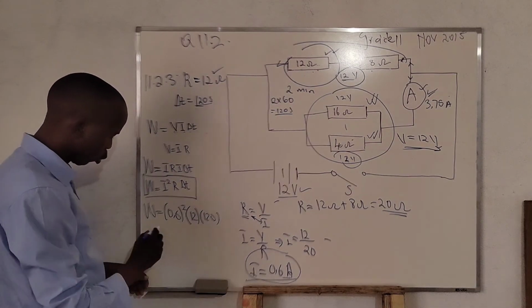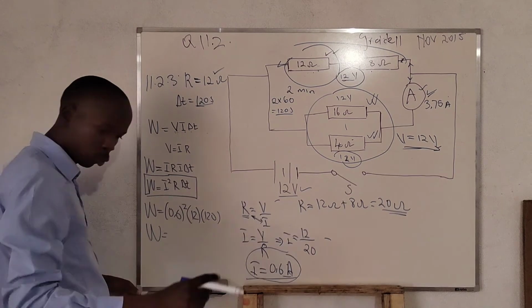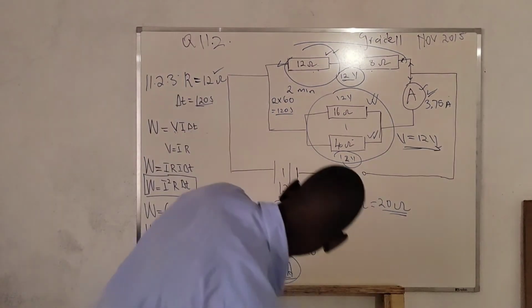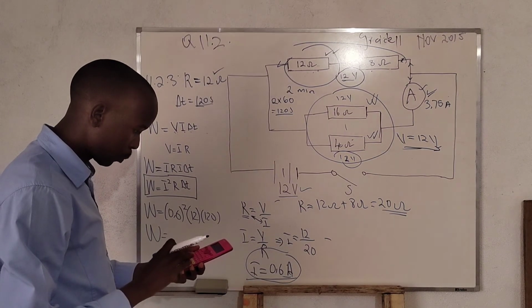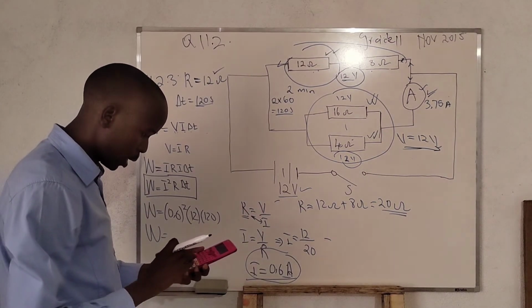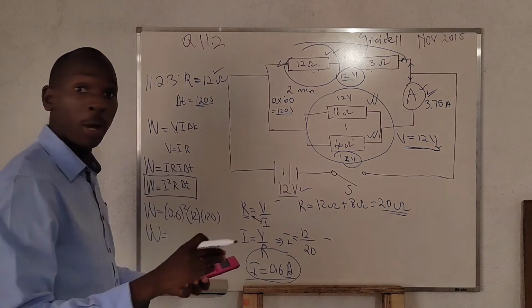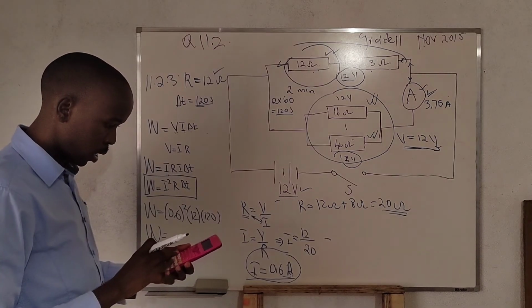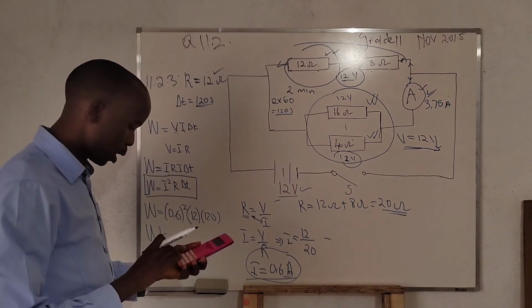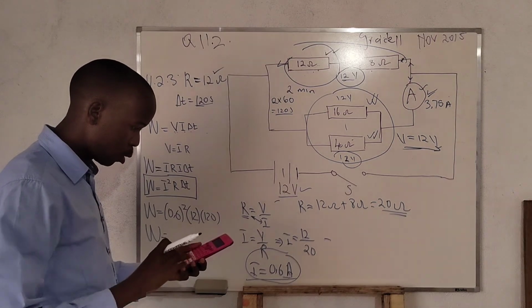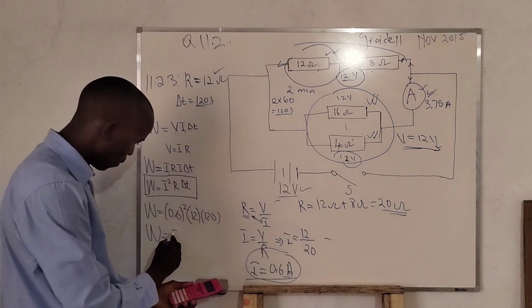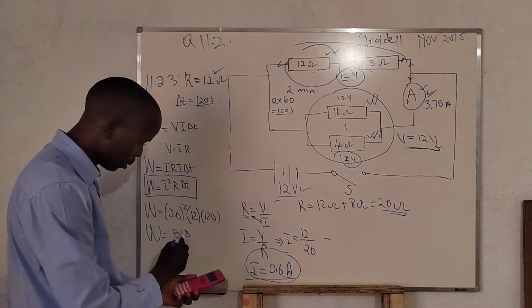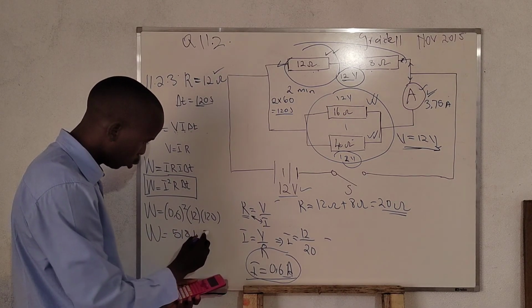120. So let us see what we get. I'm just quickly going to calculate that so that we can get our answer. We have 0.6 squared times 12 times 120 seconds, and our answer is 518.4 joules.